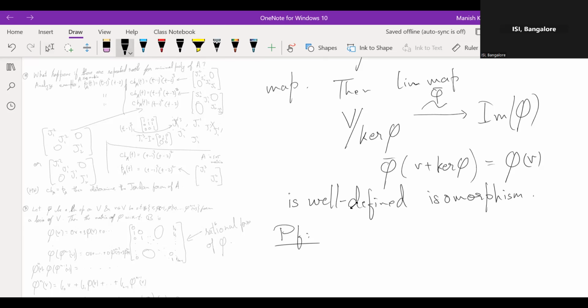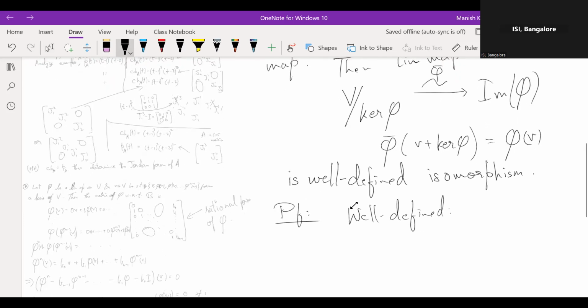So let's say well defined. Why is this phi bar well defined? Suppose V plus kernel phi equals V prime plus kernel phi. It's possible, right?